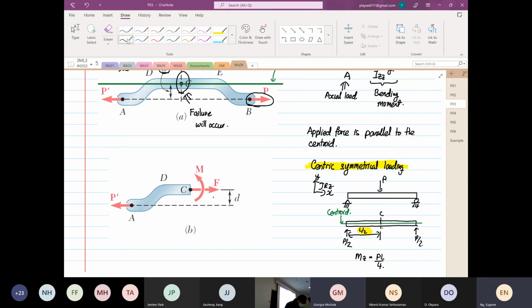So if again I draw a horizontal line, right? So at point C, we have a distance from here to here. We have a perpendicular distance. So we have a moment M prime. So apply Newton's third law, action equals reaction, same in magnitude, different direction. We also have a counter moment over here at point C.